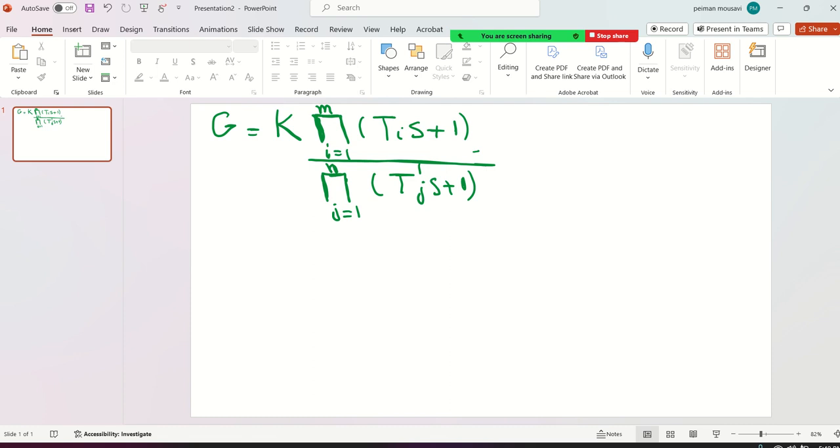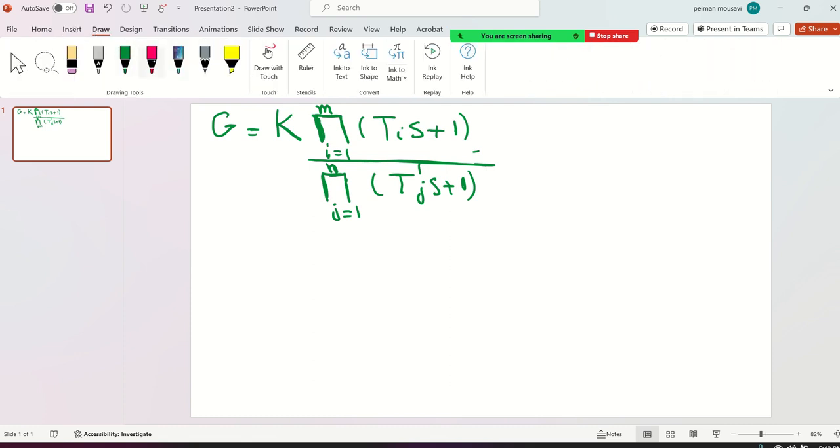Being said, now I define the type of the system, as I said, type of systems in the linear control domain. The first is type 0.